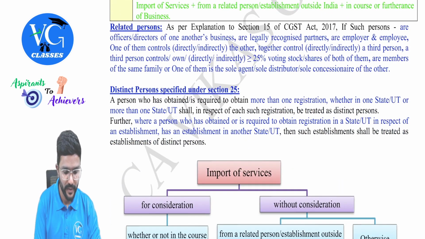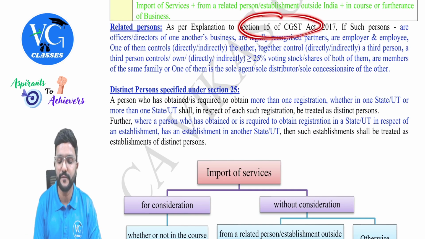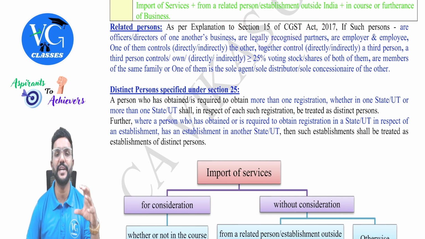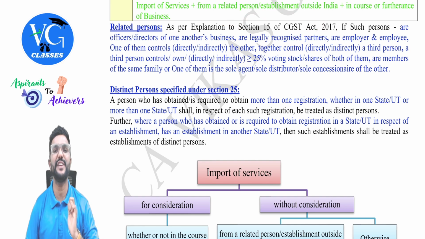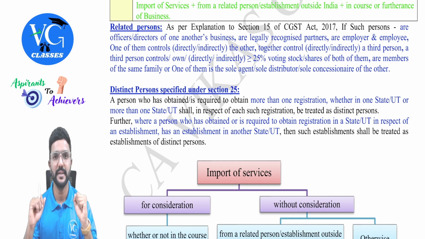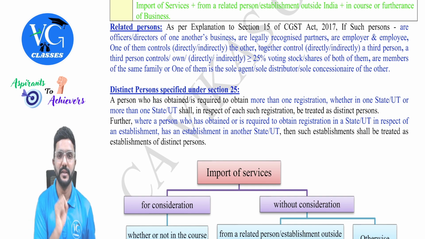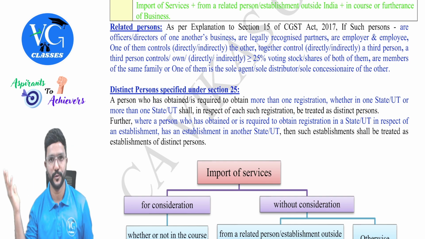Let us understand related person. As per the explanation to section 15 of the CGST Act, actually section 15 talks about value of supply. The explanation to section 15 talks about related person. Because if the supplier and recipient are related, then the value of supply cannot be determined as per section 15. They're telling, please refer to valuation rules.